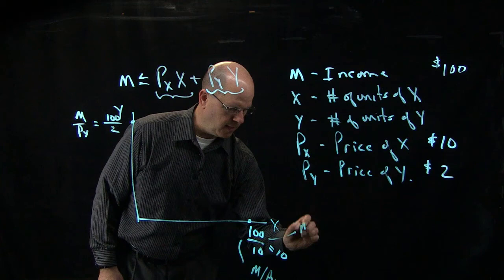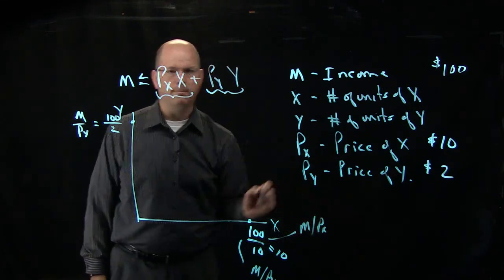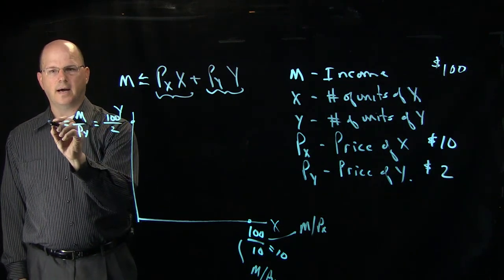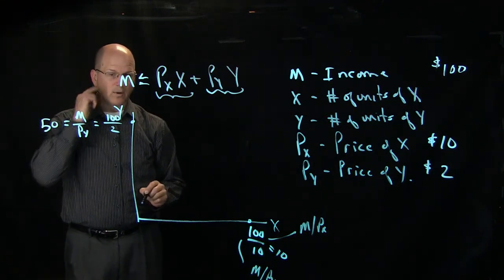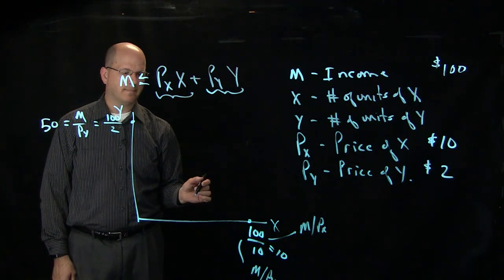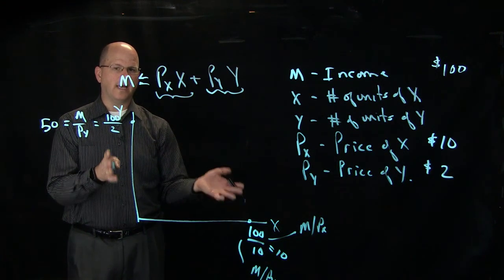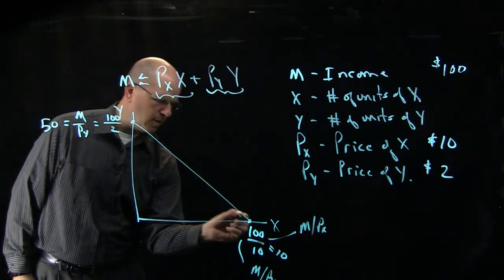Sorry, m divided by Px. Income divided by Px. Okay. So we can buy 50 units of good Y if we only buy good Y. And then you're not forced to be on the axes, so you can actually get any point in between there.